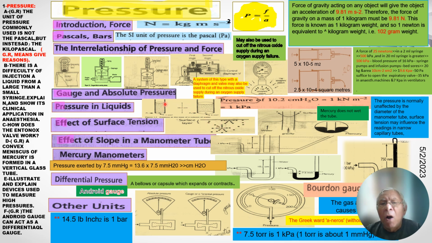What was the meaning of that? Of course, this 10.2 centimeter of water equals 10.2 gram of water. So the centimeters of water equals, suppose, this figure of grams. Of course, as we know, 102 gram weight equals 1 Newton.